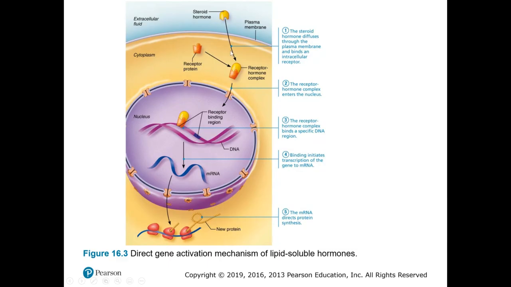Anyway, it enters the cell, binds to its receptor, which is inside the cell, of course. Notice the nice complement of shape here, the fit, like a hand in a glove or a key. This receptor hormone complex can enter the cell, bind to a particular part of DNA.